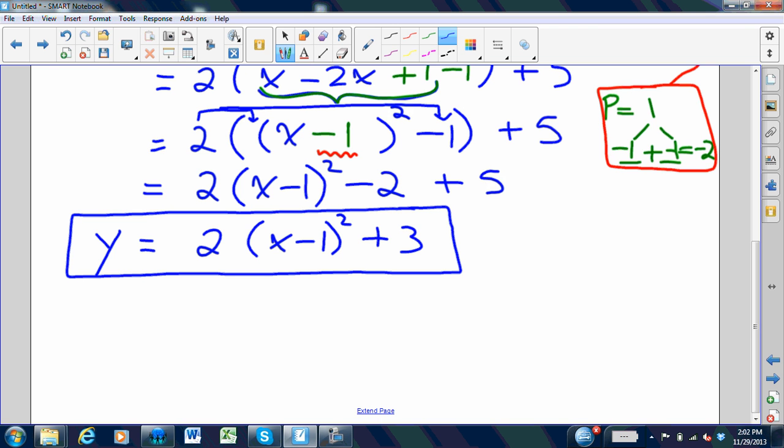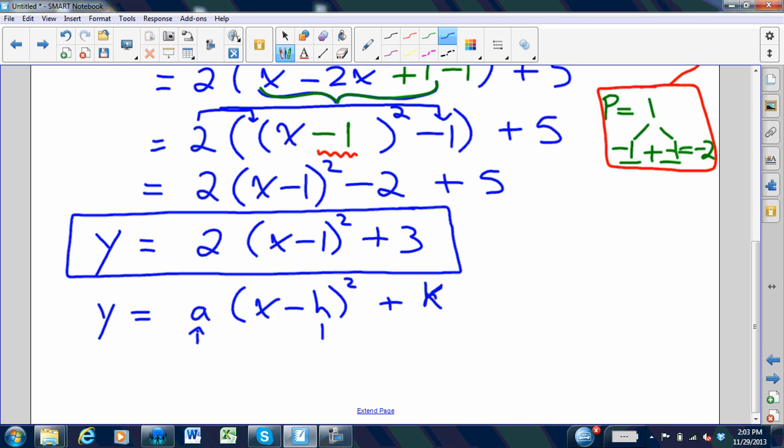And this is what we call vertex form of an equation, where we use these variables to represent the different stages of that equation. The a is the coefficient that controls how wide or how thin and whether the parabola is opening up or opening down.